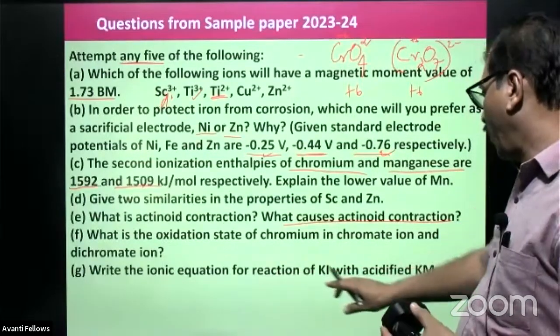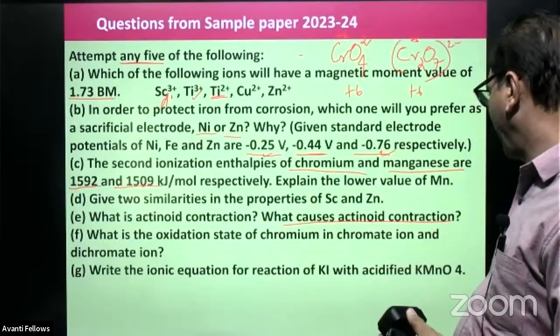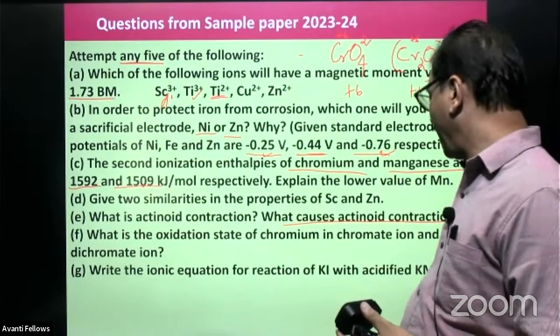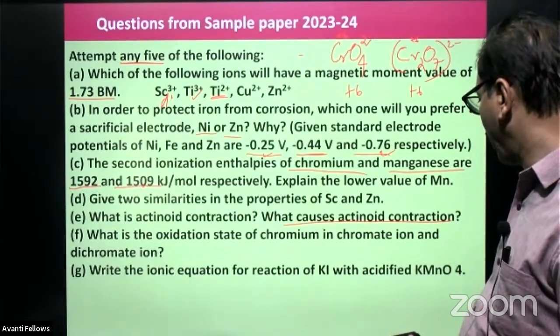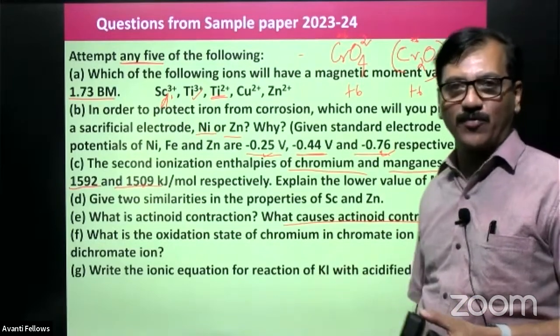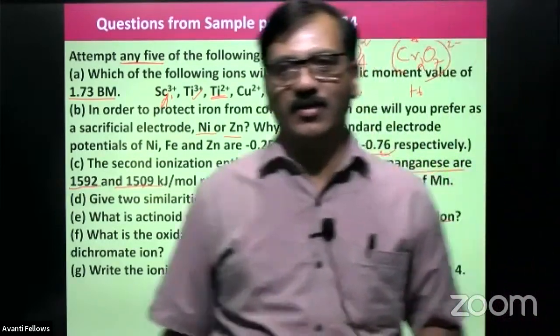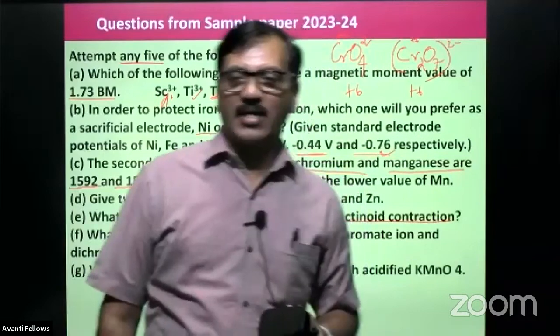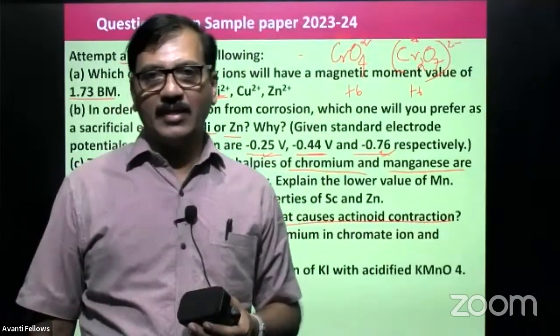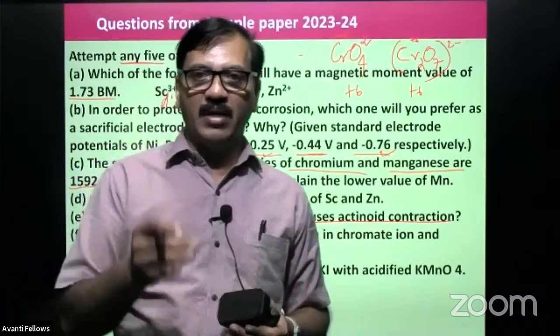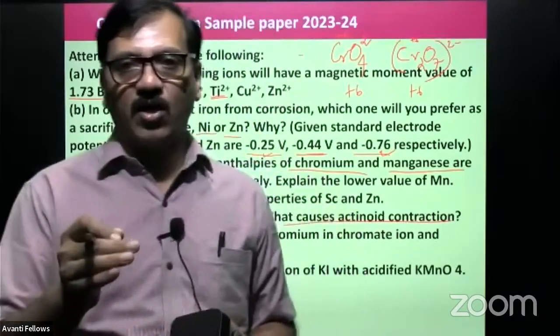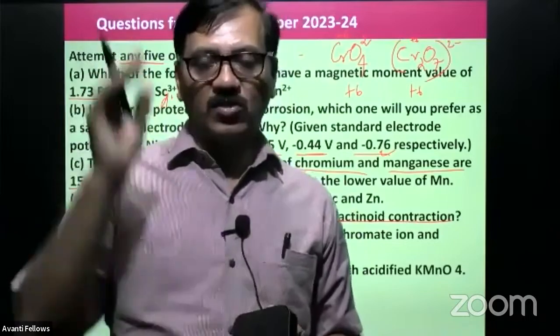Write the ionic equation of the reaction of KI with acidified KMnO4. This is the way the questions are asked. So you should know that MnO4 minus plus H plus, with some electrons, will give Mn2 plus. The permanganate ion gives Mn2 plus.